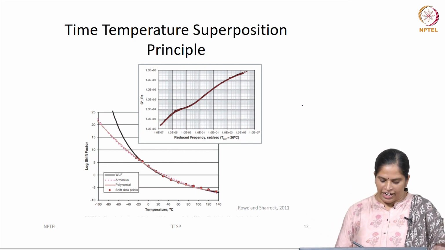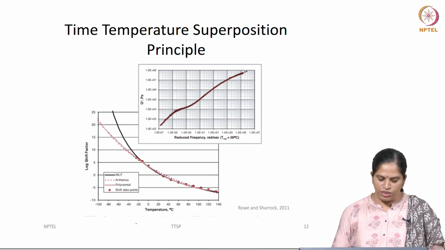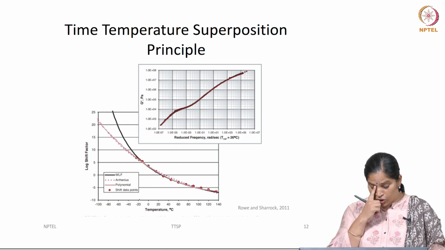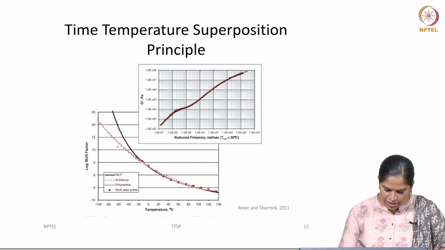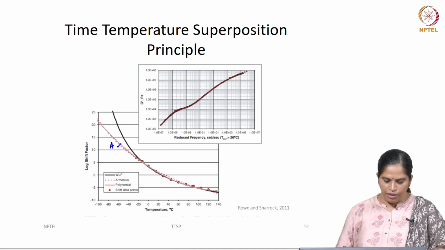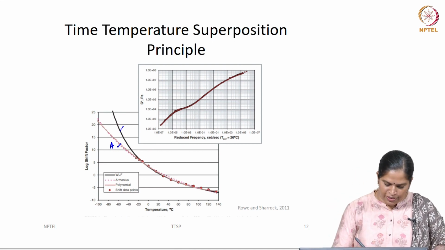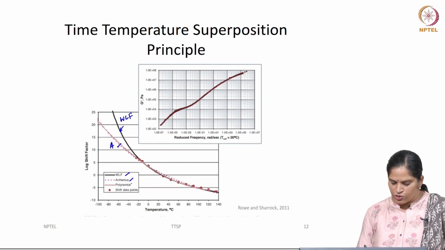Before doing that, we will see a relation between the Arrhenius equation and the WLF equation. The Arrhenius equation you can see as a dotted line, let me mark it as A, and the thick black one is the WLF equation. Let us not worry about what this polynomial fit is.